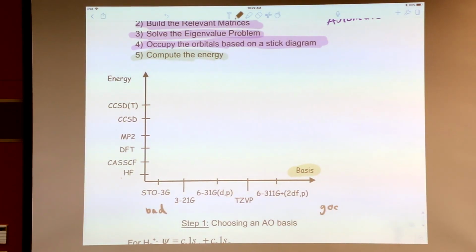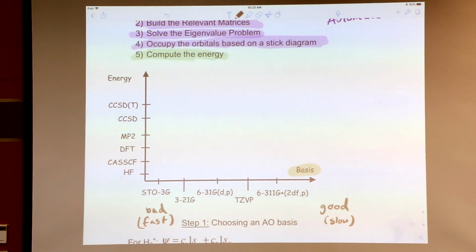Now you might say, well, why would we even include choices if we know they're bad? Because the bad ones also happen to be the fast basis sets, and the good ones tend to be slow. So it's a time trade-off. If you have a lot of time, you might choose a really good basis set. If you don't have a lot of time, you might choose not a very good one.